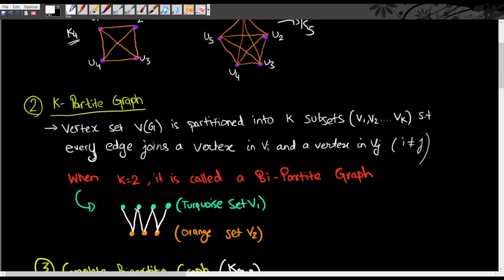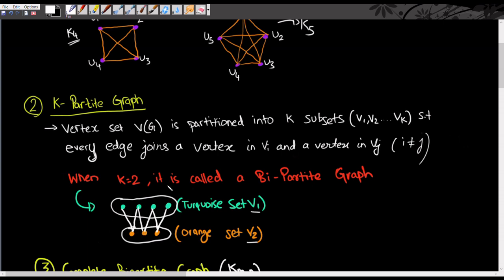So let's take this example. Your first set is the turquoise set, that is V1. Your second partition is the orange set, that is V2. You see that there are edges between V1 and V2, but there are no edges amongst the vertices of V1 or amongst the vertices of V2.